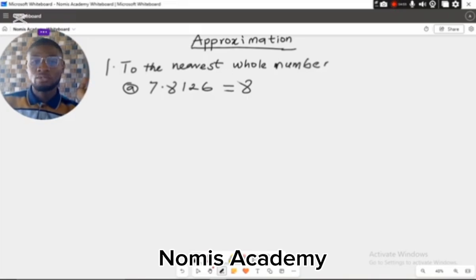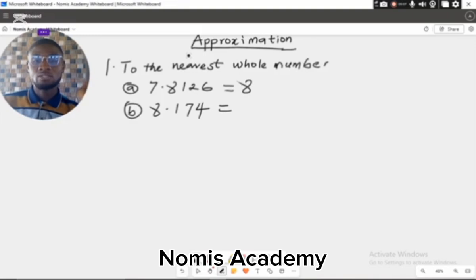So let's take another example. Example 2, example B, 8.174. Approximate 8.174 to the nearest whole number. So how do I get this done? The same thing I did in the first one. I have 1 here.